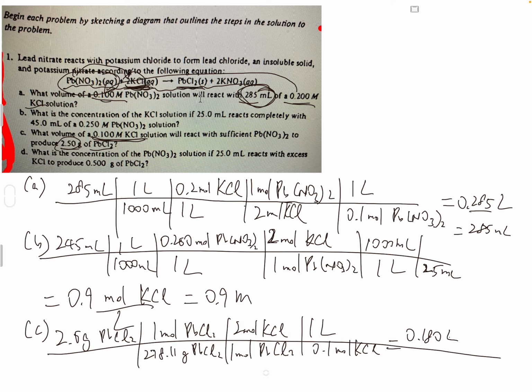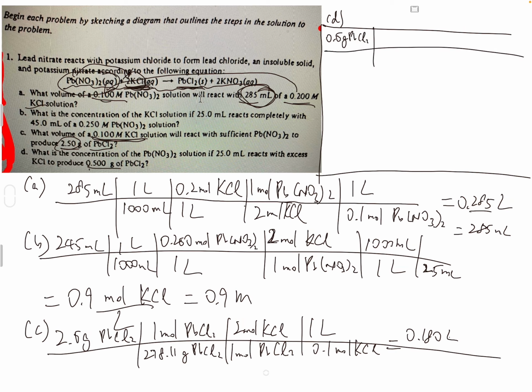And finally, the last part. I'm running out of space, let me use this portion. So D. We start out with 0.5 gram of PbCl2.